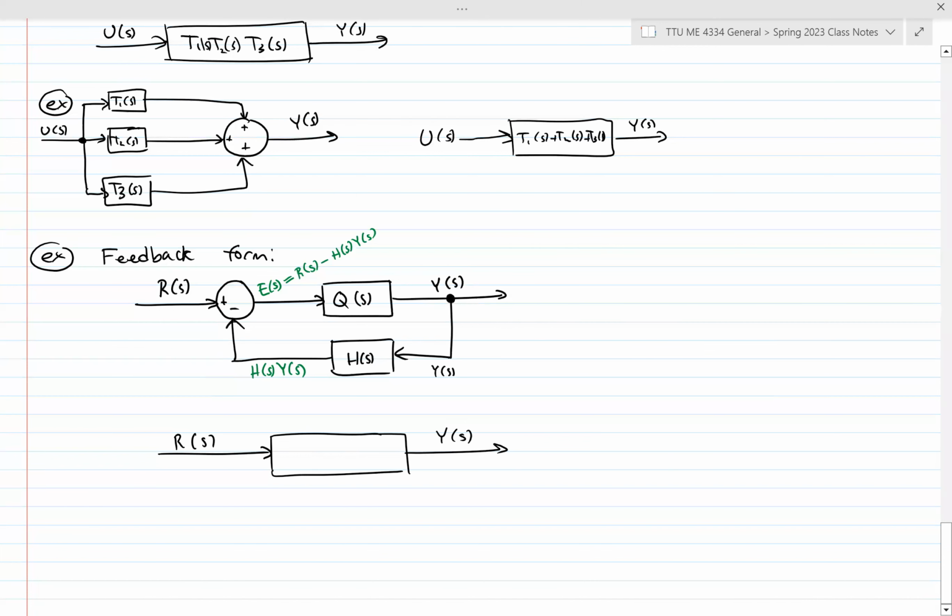So then what does Y of S equal if we have that signal going through that Q? Y of S is going to be Q times E. And what's E? R minus H times Y. And now we can solve this for Y. So what do we end up with?